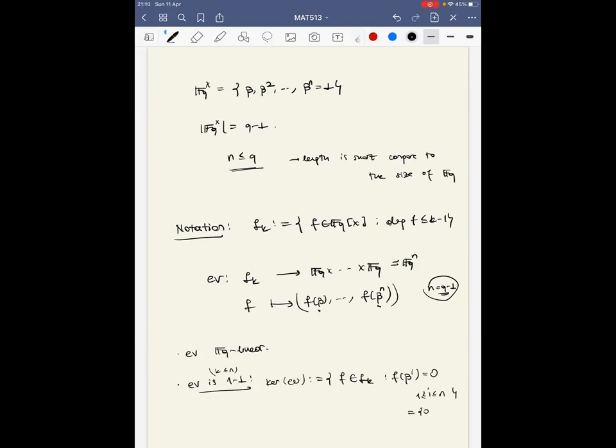This can be only the zero polynomial, because otherwise, if f is a non-zero polynomial, since it is an element of Lk, it has degree at most k minus 1.